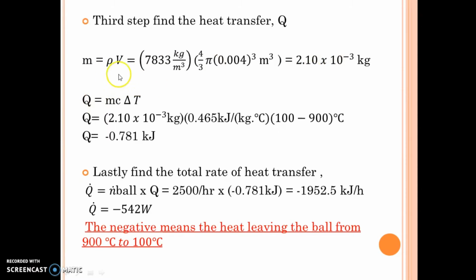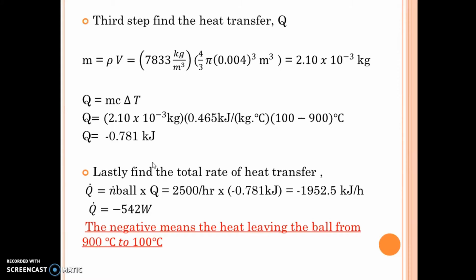Then we insert this m in the heat transfer formula, Q equals mc delta T. We insert the values in this formula, and then we get negative 0.781 kilojoule.